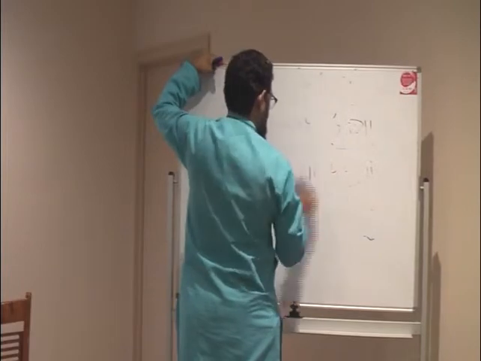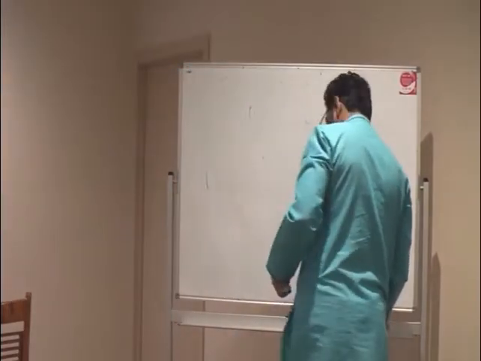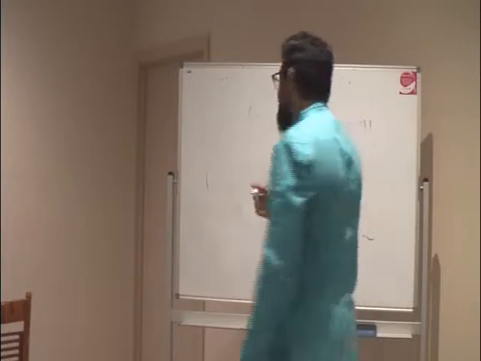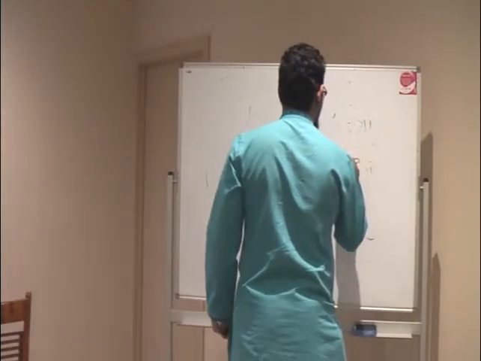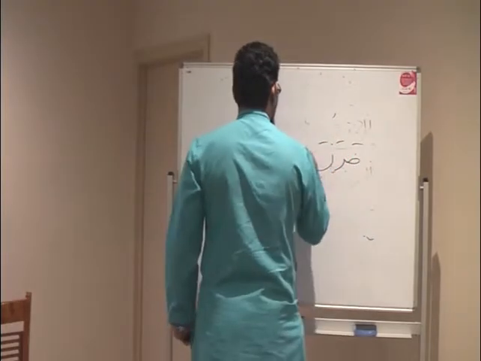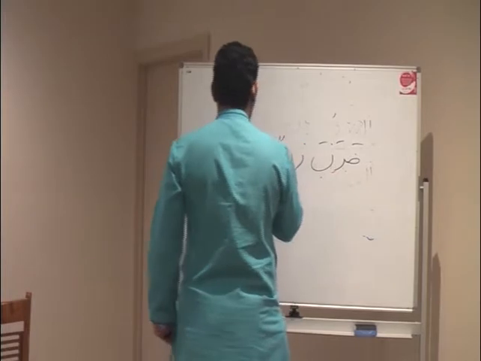Now, the verbal sentence, the fi'liya, we know starts with a verb. I will go through the normal one that we always go through, daraba Zaydun amran.